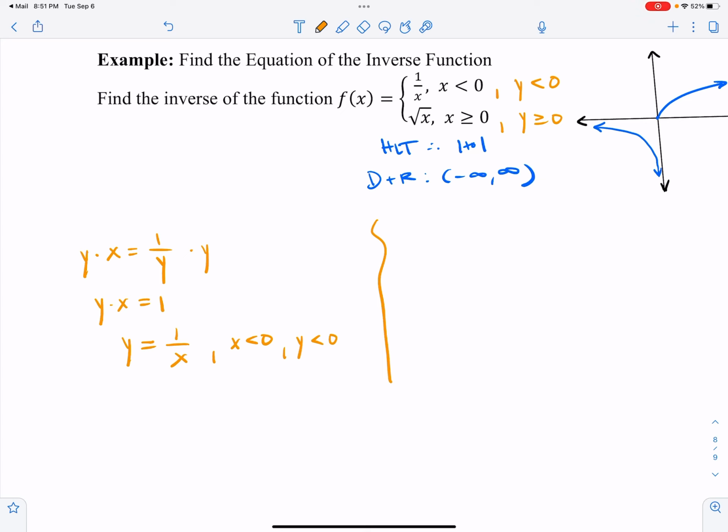Okay, and then switching x and y for the second piece. Squaring both sides. And this will be for x greater than or equal to 0. I'm referencing the range. And then for y greater than or equal to 0 as well.